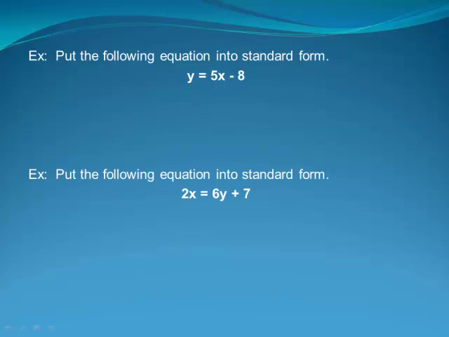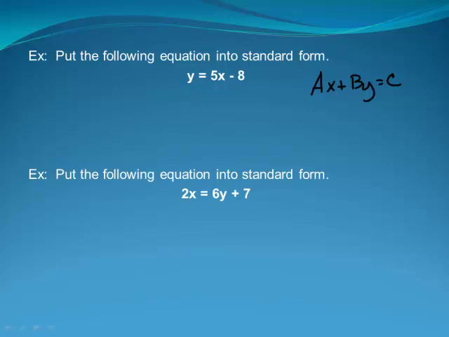All right, put the following equation into standard form. Now, standard form, remember, is ax plus by = c, where the x and the y variable are on one side of the equality and the constant is on the other. Strictly speaking, a and b should not be fractions, but should be whole numbers, okay, or integer numbers.